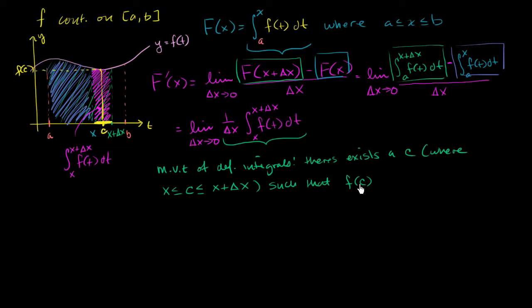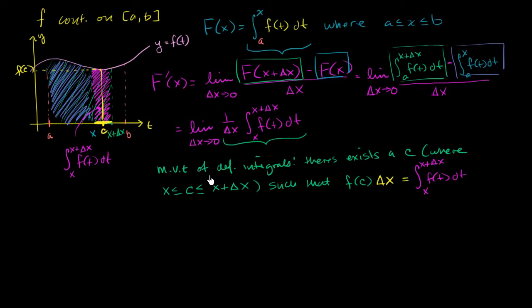So if we multiply the height times the base, this is going to be equal to the area under the curve, which is the definite integral from x to x plus delta x of f of t dt. This is what the mean value theorem of integrals tells us.